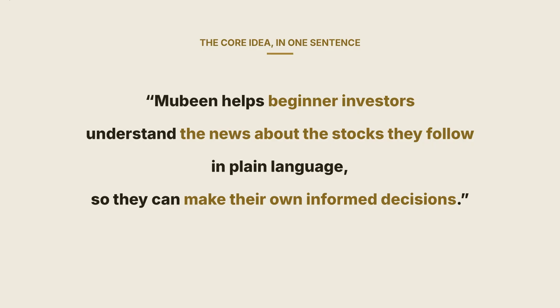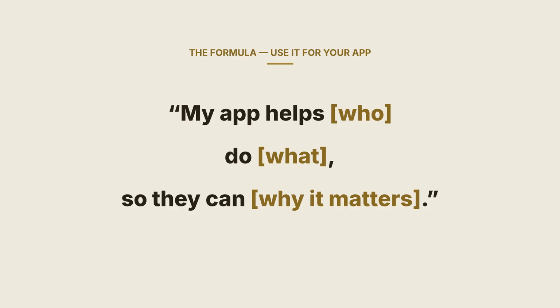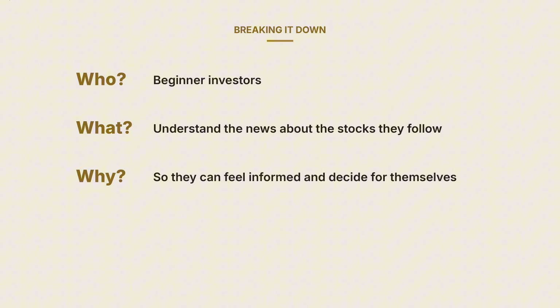And with that, I can describe the core idea of the app in one sentence. Mubeen helps beginner investors understand the news about the stocks they follow in plain language so they can make their own informed decision. Here's the formula you can use for your own app. My app helps who, do what, so they can, why it matters. For Mubeen, the who, beginner investors.